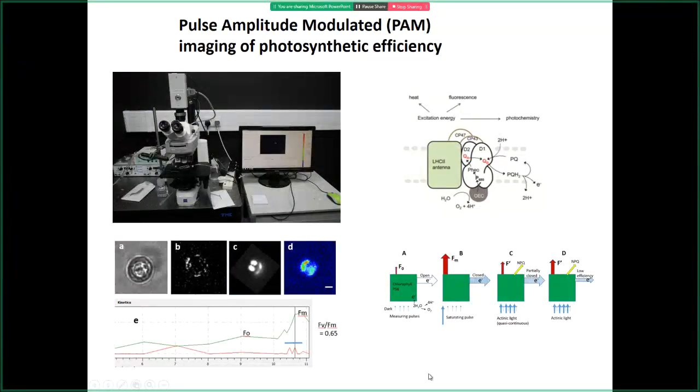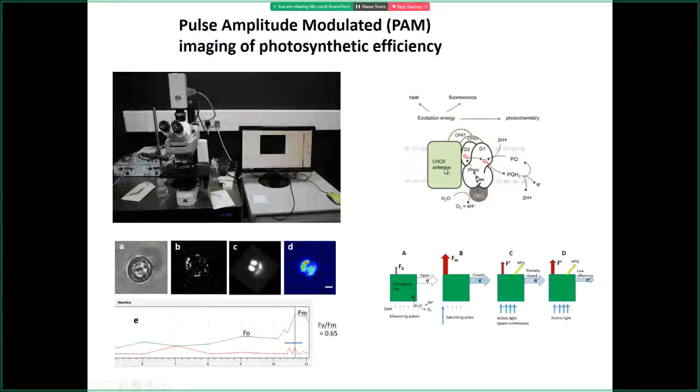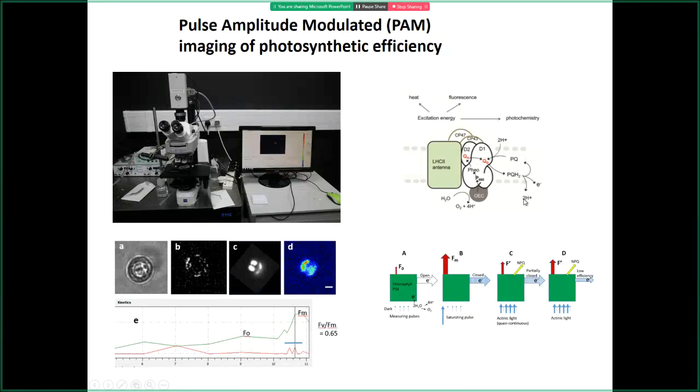Without going into any detail at all, I will just say that when chlorophyll absorbs light, for example, blue light, that light is converted into electrons, which pass down an electron transport chain, which eventually creates chemical energy, which is used to fix carbon in photosynthesis.